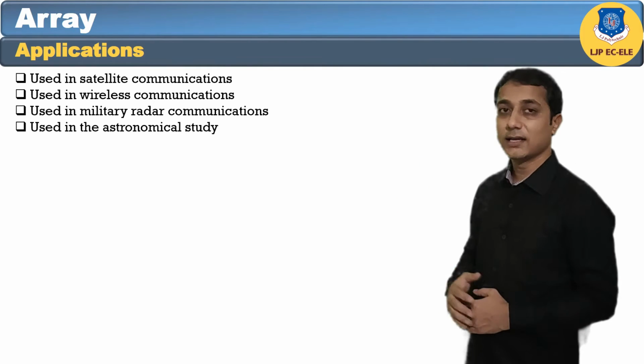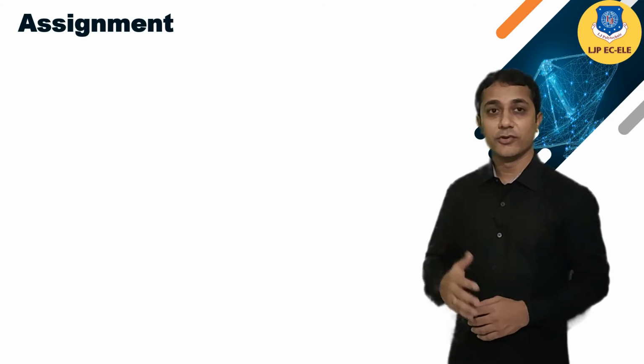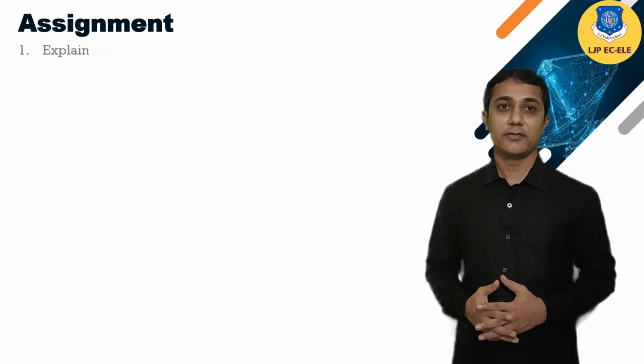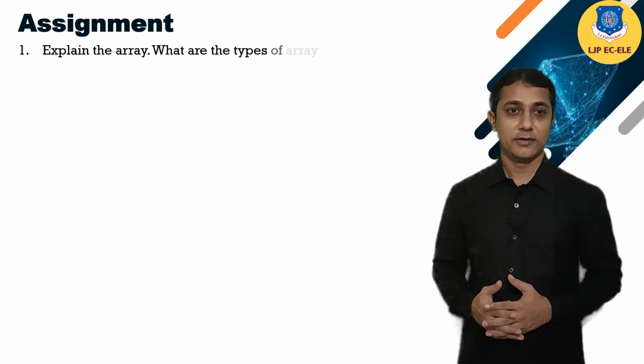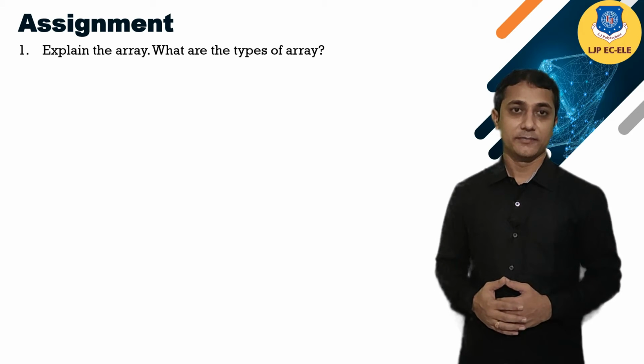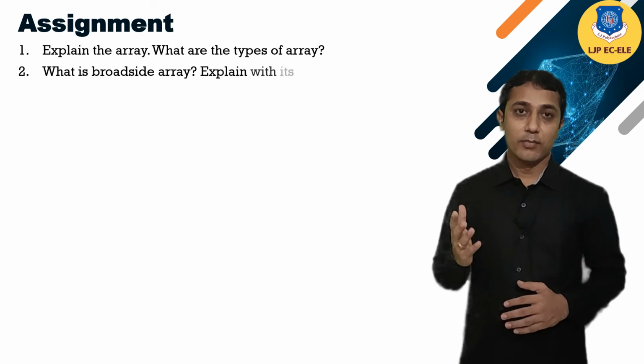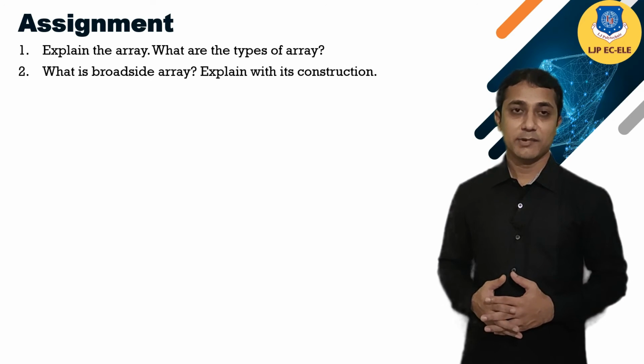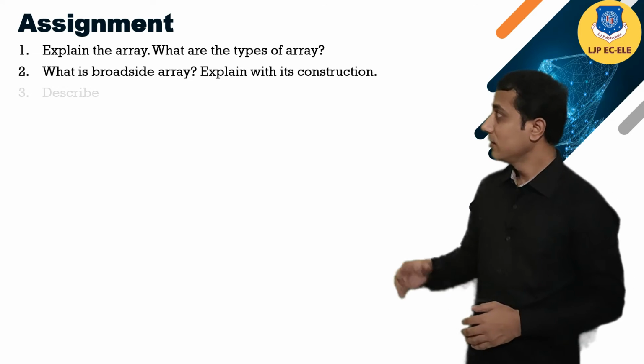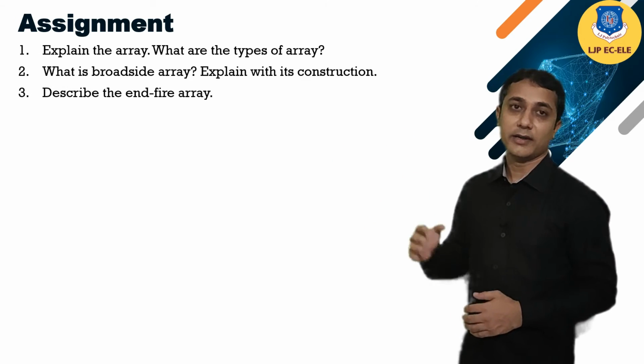Now, at last, there is an assignment. The first question for you is to explain what is array and what are the types of it. Second, what is the broadside array, explain it with its construction. And third, describe the end fire array.